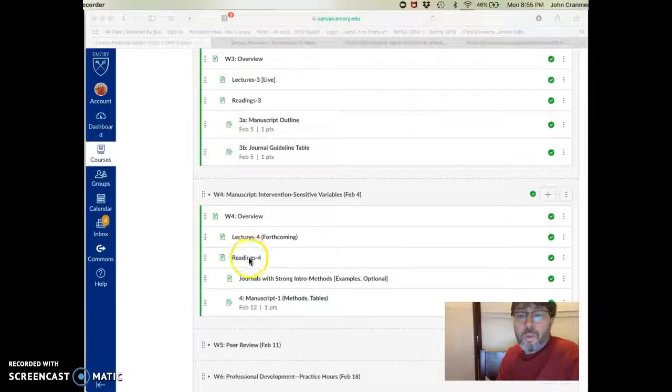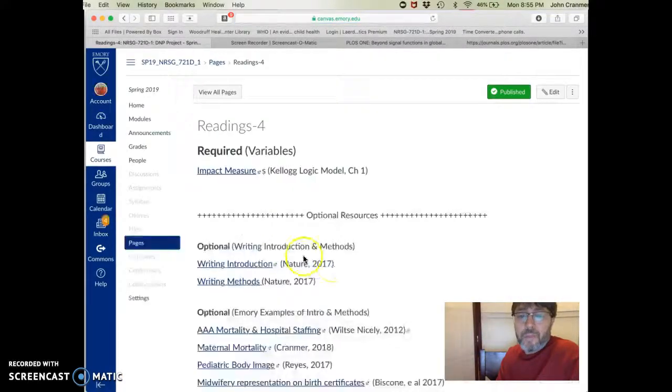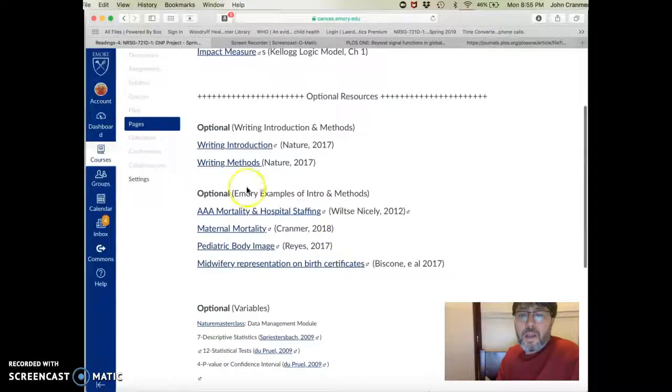So on the course website, on the reading section, you can skim down here, and there's some examples of some scholars at Emory that have written manuscripts that have strong introduction and method sections that you could consider using as examples when you write your own sections.